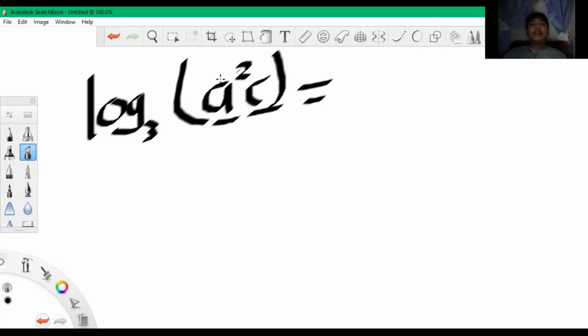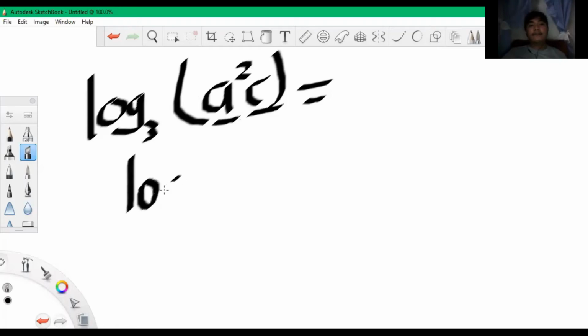So, pag pinaghiwalay natin to, we have to apply yung mga laws. So, we have the product rule wherein paghihiwalay natin yung dalawang factors, get the sum of the logarithms since this is the product rule. So we have first this a squared. Let's rewrite first.